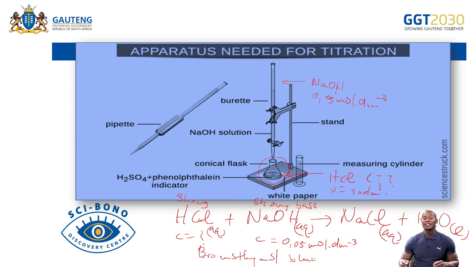To determine the endpoint, where an acid has completely reacted with a base, or a base has completely reacted with an acid. Then in the burette we have the titrant, and in our conical flask or Erlenmeyer flask we have the analyte.